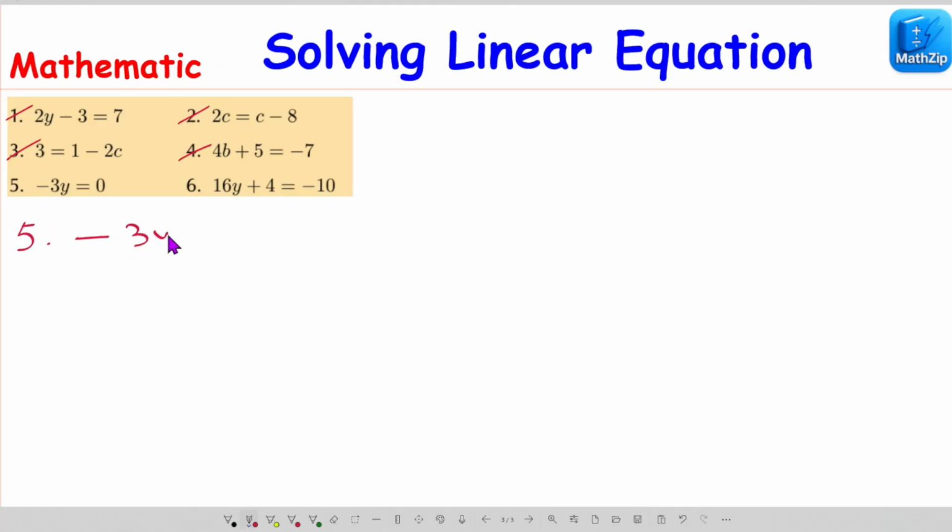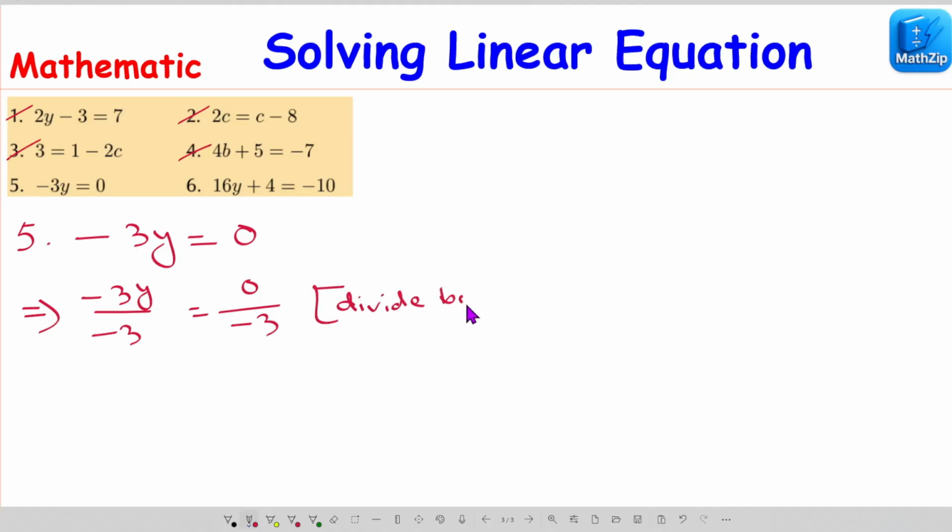minus 3y equals 0. So this one is a very simple thing. Minus 3y divided by minus 3 equals 0 divided by minus 3. Divide both sides by minus 3, right?